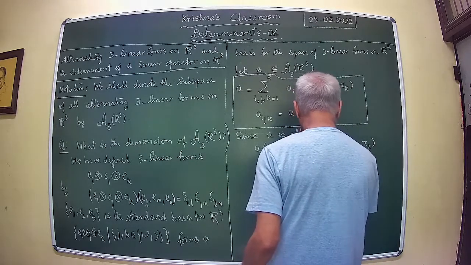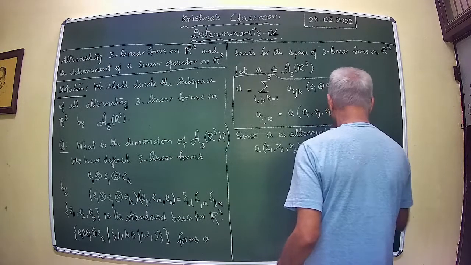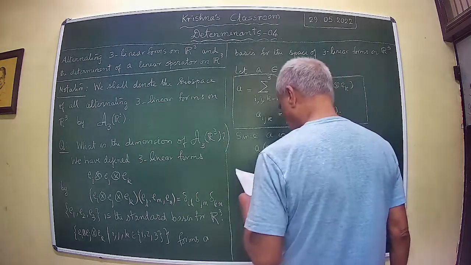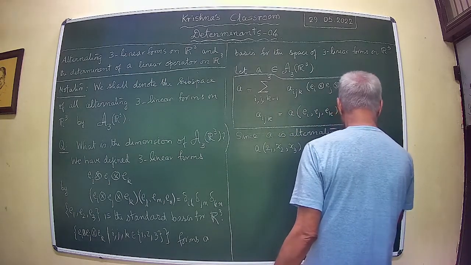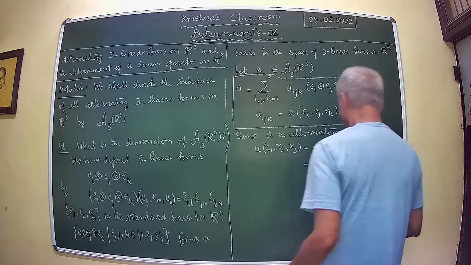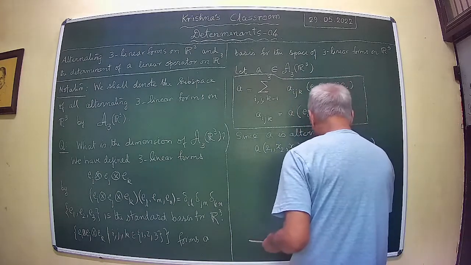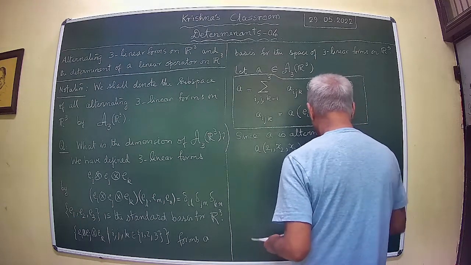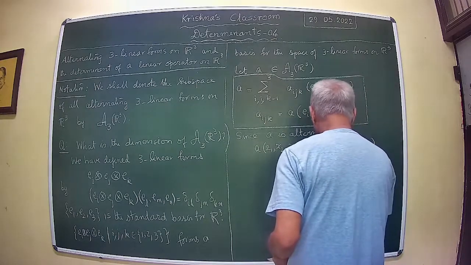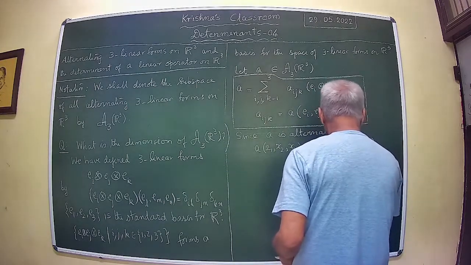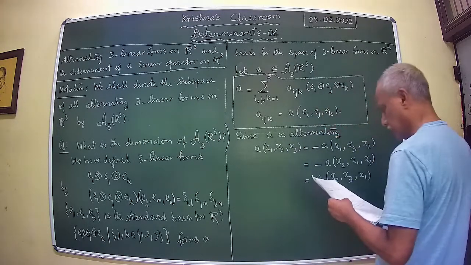This is equal to minus A of x2, x1, x3, which is equal to A of x2, x3, x1.